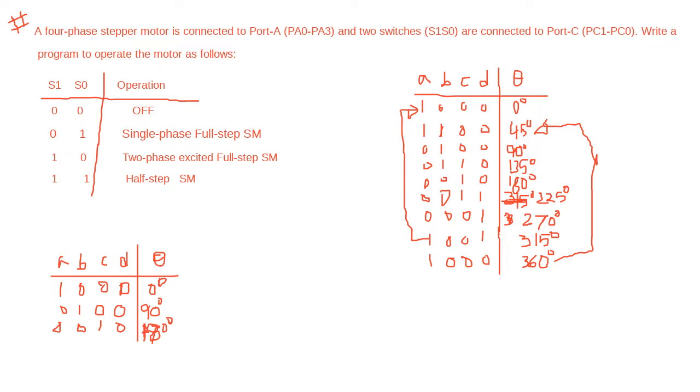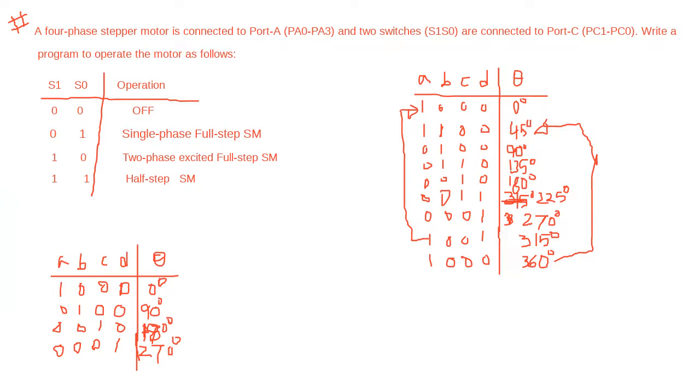Then D only, so it will be 270, and then it repeats again. It will be 360. That means it goes back to A again.